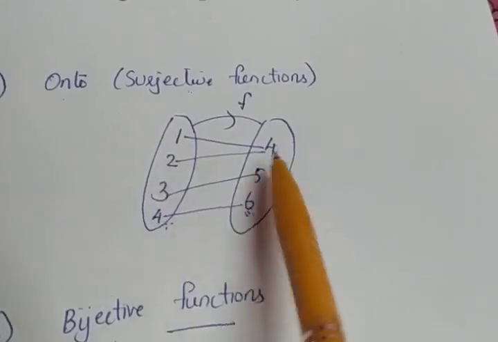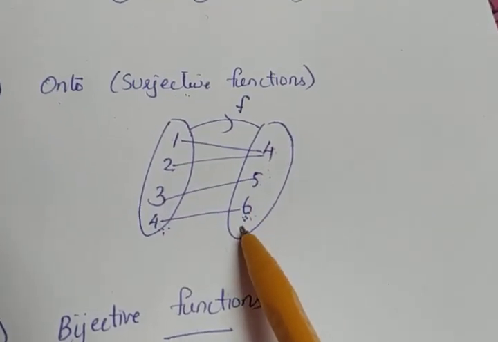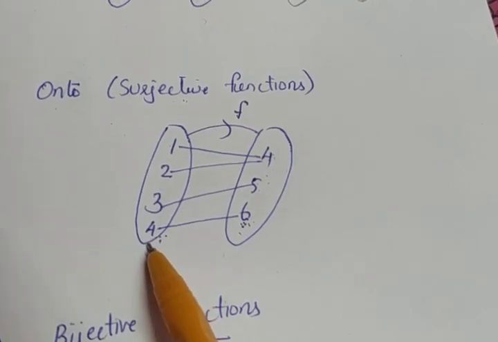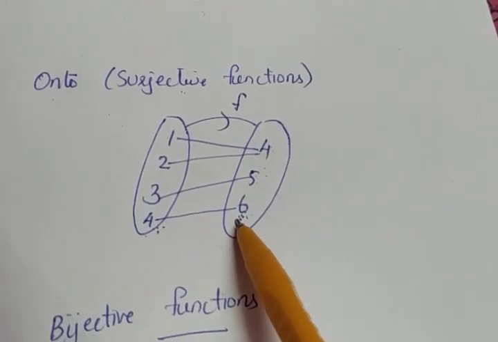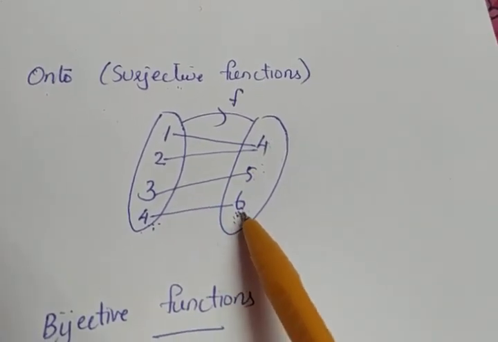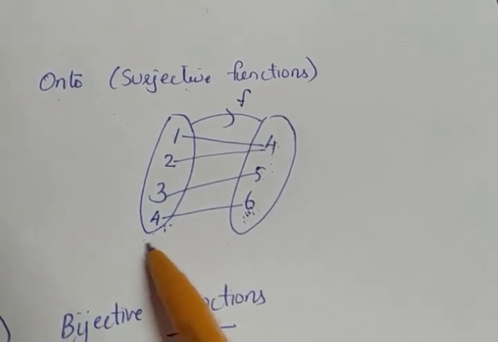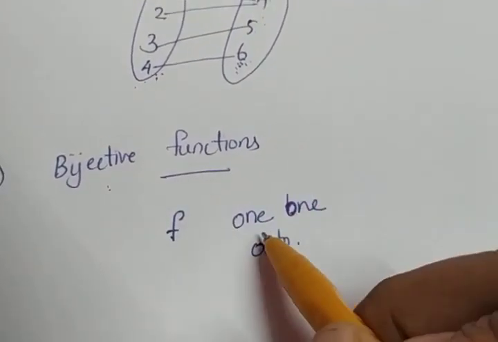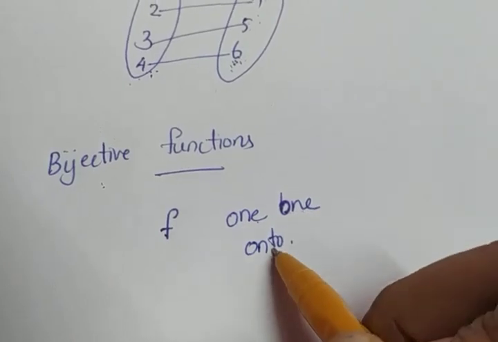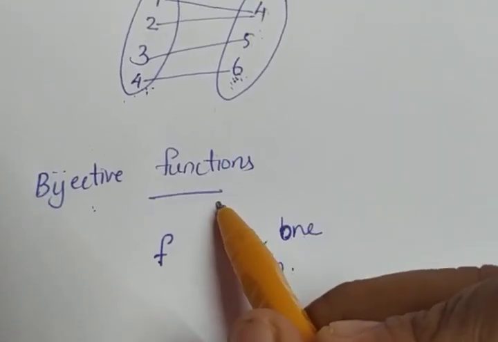On-to or surjective means each and every element of the second set must be an image of the first set, or each element of the second set must have a pre-image in the first set. Bijective function means if it is 1-1 and on-to, then it is called a bijective function.